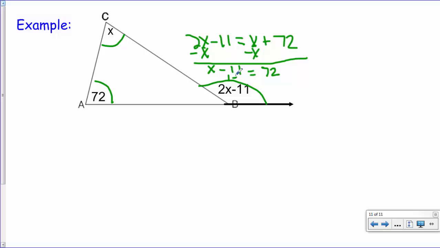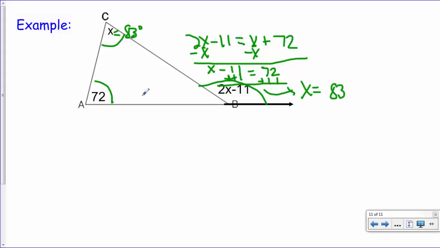Add 11 to the right. And we get x equals 83. So this angle is 83 degrees.